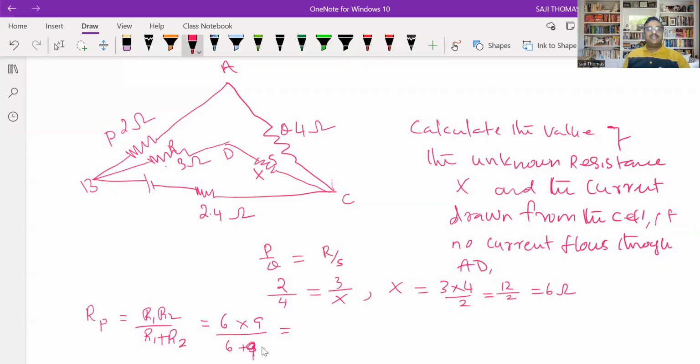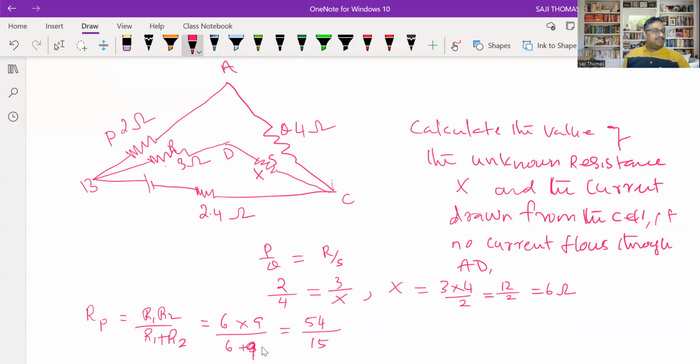How much are you getting? 54 divided by 15. This is the top parallel combination.